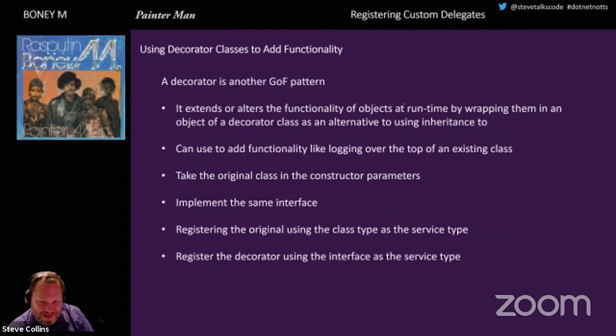So, decorator classes. The decorator class is yet another Gang of Four pattern. What that does is it extends or alters the functionality of objects by effectively creating a wrapper and then intercepting calls on the way in and intercepting calls on the way out. I like this pattern because if you've got a third-party library class that doesn't support logging, you can implement logging yourself.